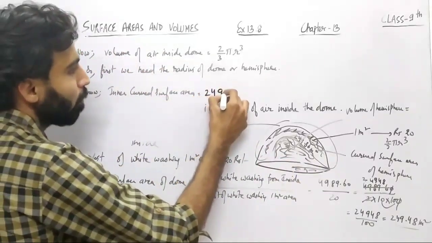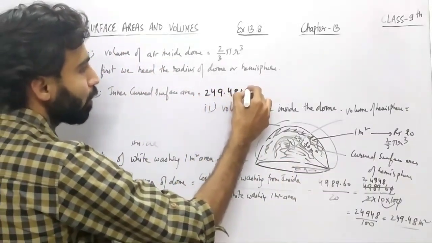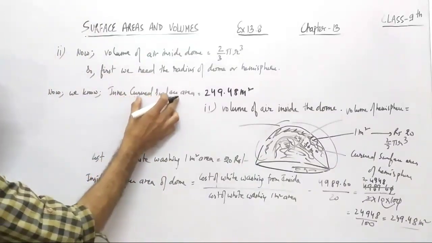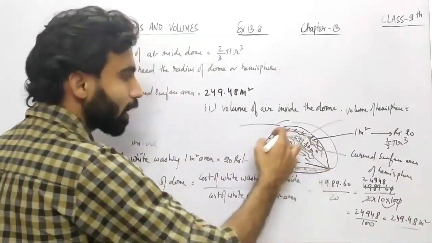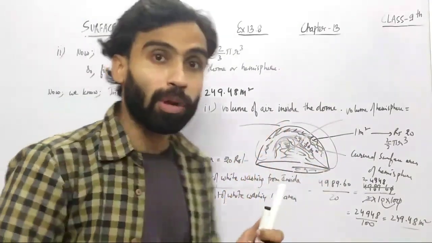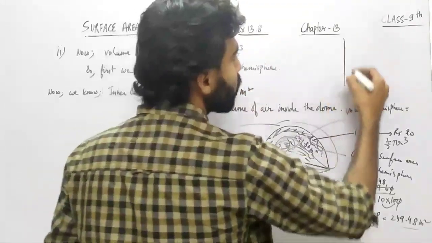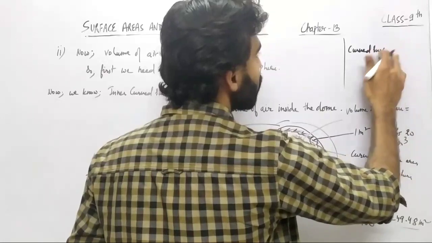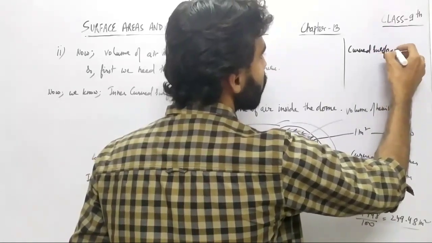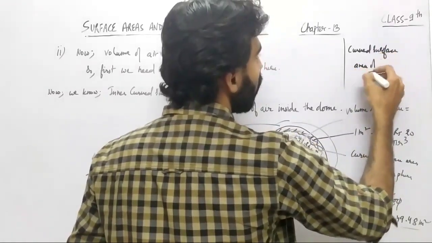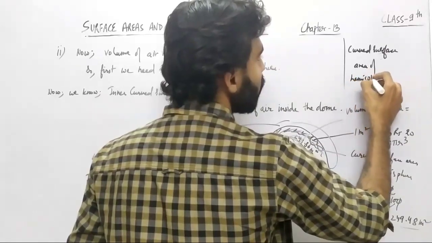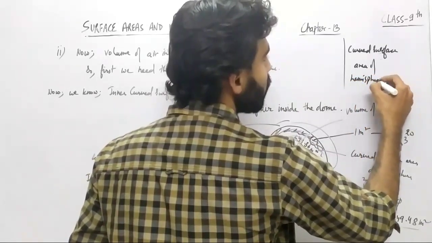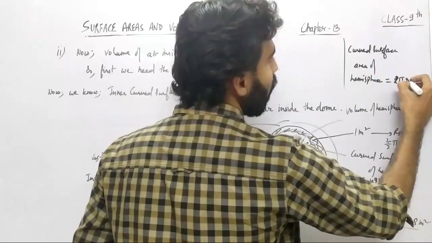249.48 meter square, right? Now let me tell you what the formula for the curved surface area of a hemisphere was. Remember we have done it earlier. The curved surface area of a hemisphere is 2 pi r square, right?